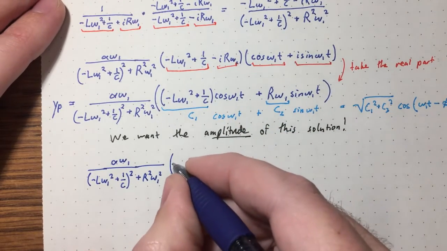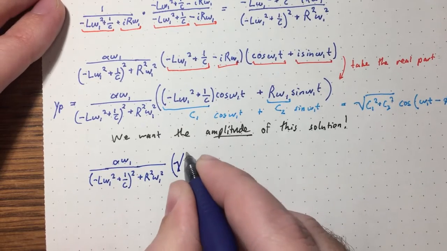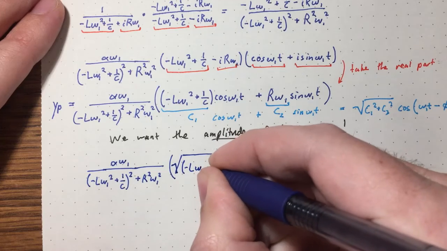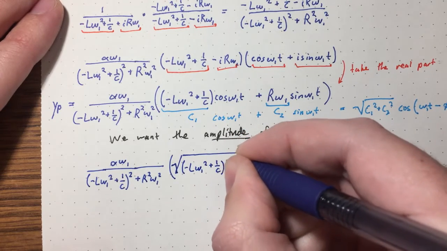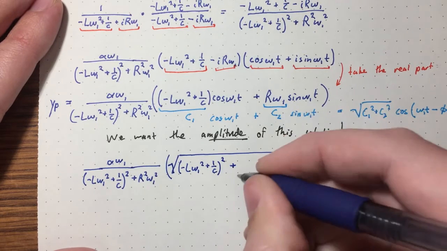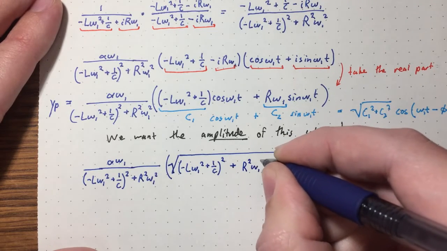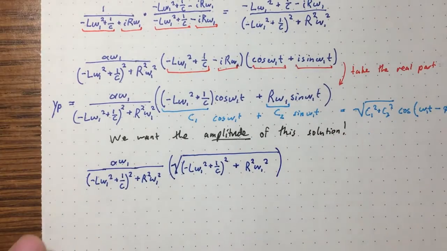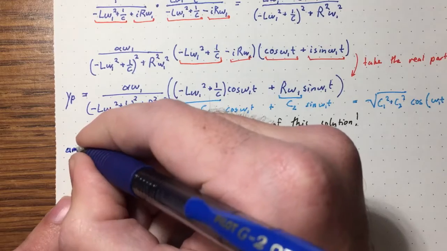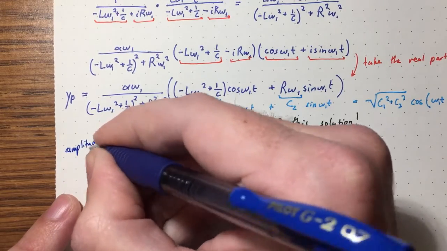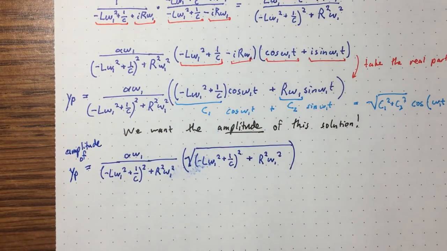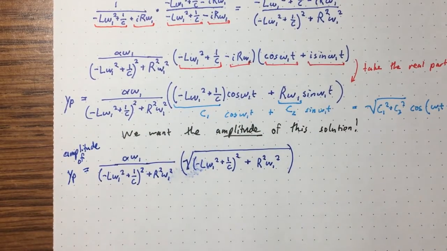We get a square root of C1 squared plus C2 squared. Okay, that's our amplitude. The amplitude of y_p is this function right here. I guess we can think of this as a function of omega 1.